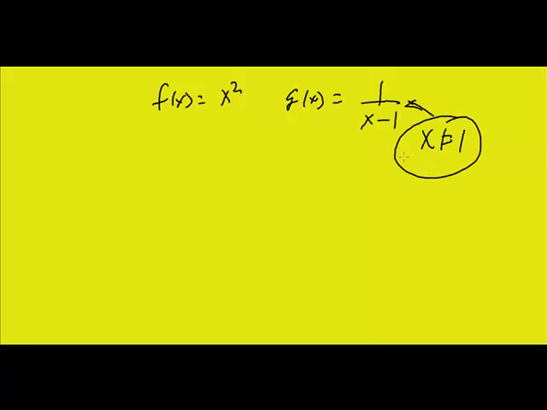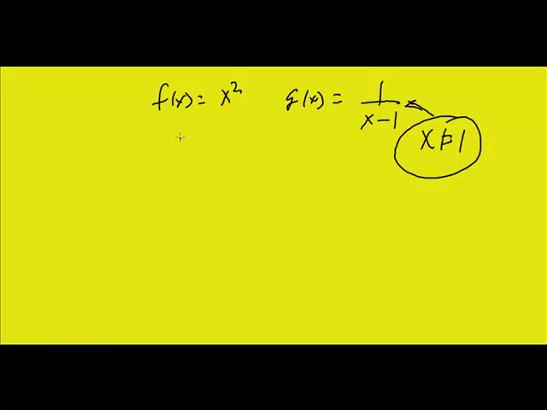Let's do one more example of this. Let's say f of x is equal to x squared, and g of x is equal to 1 over x minus 1. We know x cannot equal 1, so this one is discontinuous at 1.